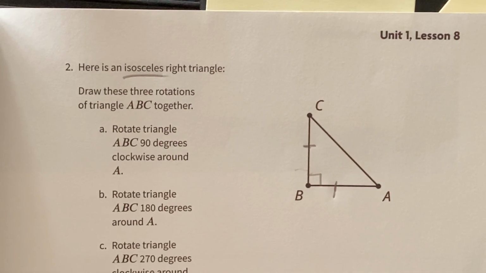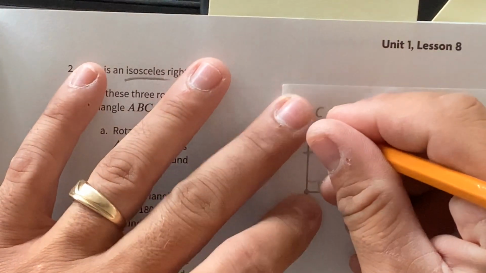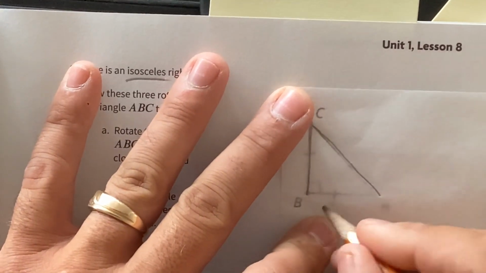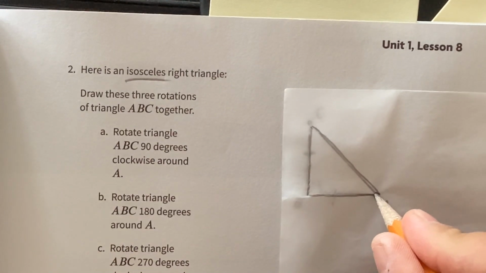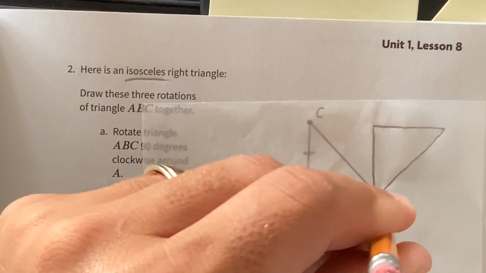Rotate the triangle ABC 90 degrees around point A. Okay, all your triangles should be the same size. And if you're rotating around point A, they all should be connected. Point A. 90 degrees.